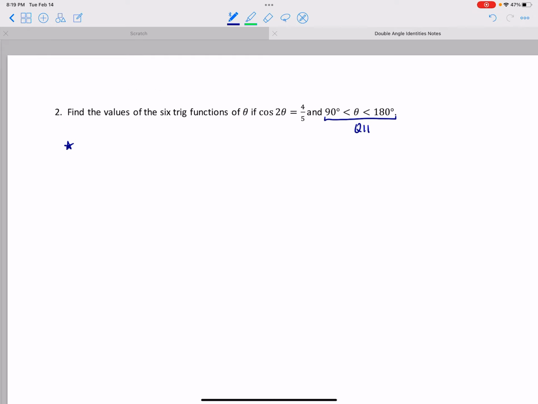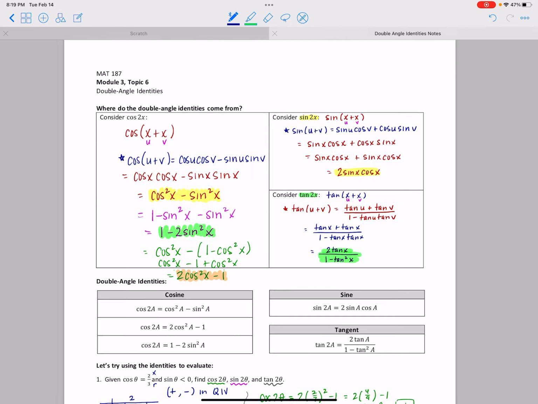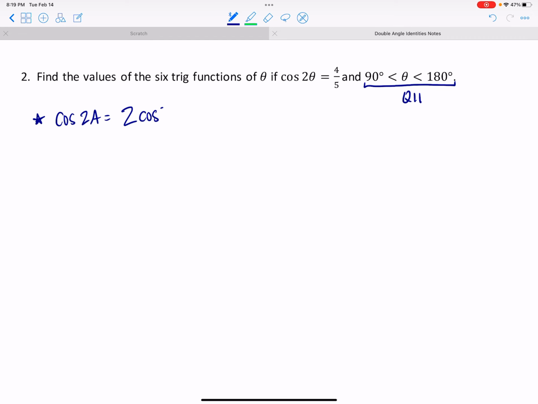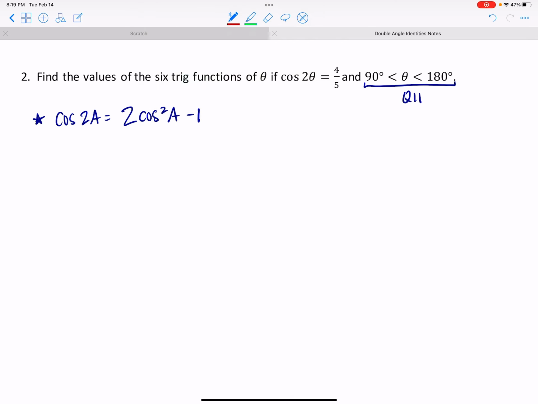So we have the cosine of our double angle equal to 2 times the cosine squared of the angle minus 1. So we're going to say, for this situation, that 2 times the cosine squared of our angle, which is called theta, minus 1 has to equal what they give me here, which is 4/5.